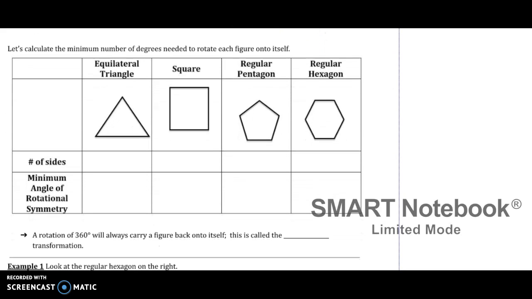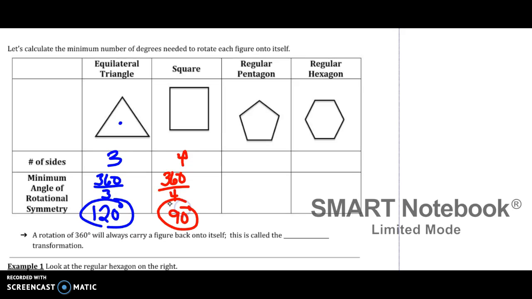If we have an equilateral triangle that has 3 sides, 360 divided by 3 gives a minimum angle of 120 degrees to rotate this figure about its center point onto itself. For the square, which has 4 sides, 360 divided by 4 is 90 degrees to rotate that figure about its center point onto itself.